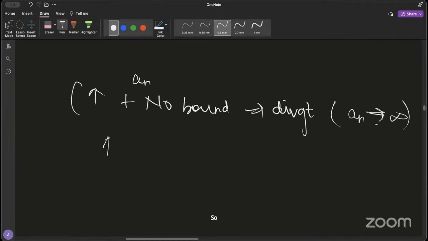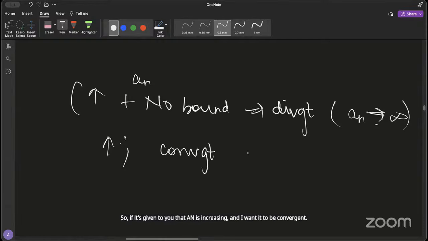So if it's given that an is increasing and I want it to be convergent, then what should I take? I should take it to be bounded, right? Because if I take it to be unbounded, I know it's divergent. So if I want this to be convergent, I'll have to take it to be bounded. Is that okay?